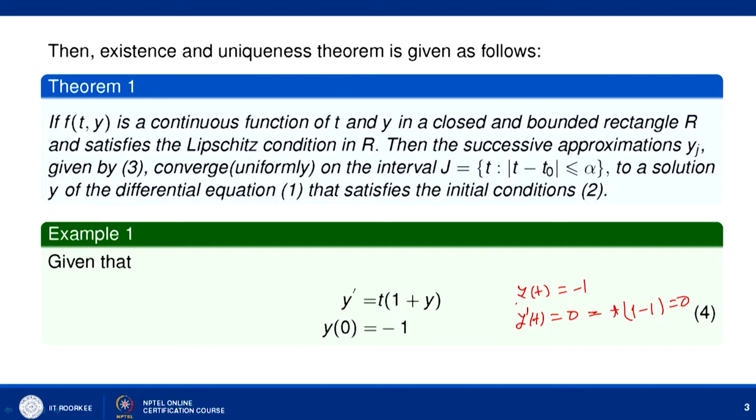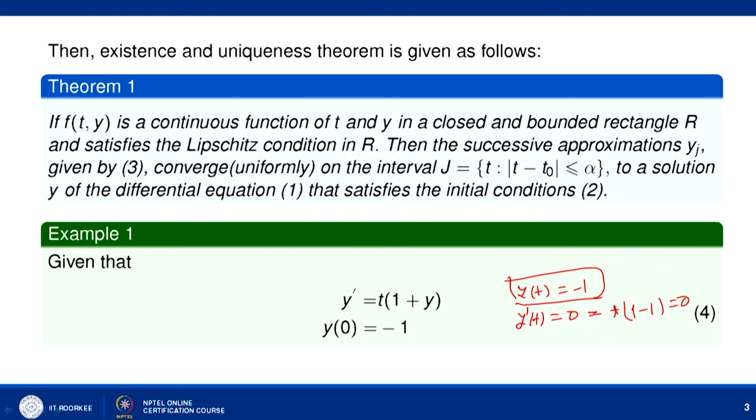So, it means that y(t) equal to minus 1 satisfies this equation, and we already know that it has a unique solution. So, this is the solution which we are searching for. Though we have this difficulty that 1 plus y may not be defined at one particular point of the domain, still with the help of the existence and uniqueness theorem we can find the solution, and in this case it is given as y(t) equal to minus 1.